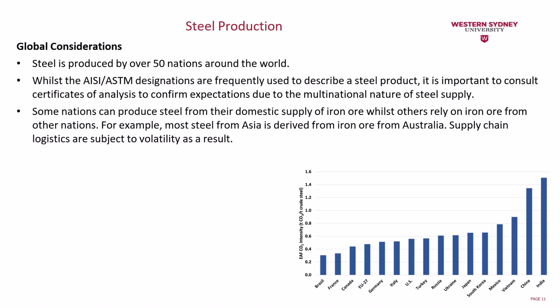Some nations can produce steel from their domestic supply of iron ore, whilst others rely on iron ore from other nations. For example, most of the steel in Asia is derived from iron from Australia. Supply chain logistics are subject to volatility as a result.